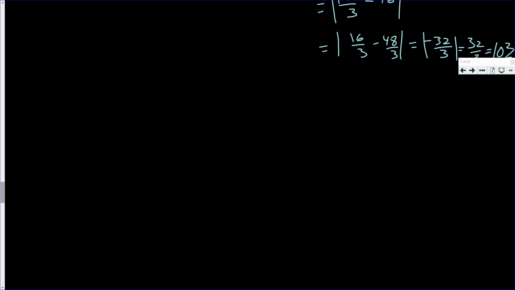Okay. Now here's one where it was similar to what I told you earlier. Suppose you have y equals 1 over x squared, y equals 0, x equals 1, and x equals 5.